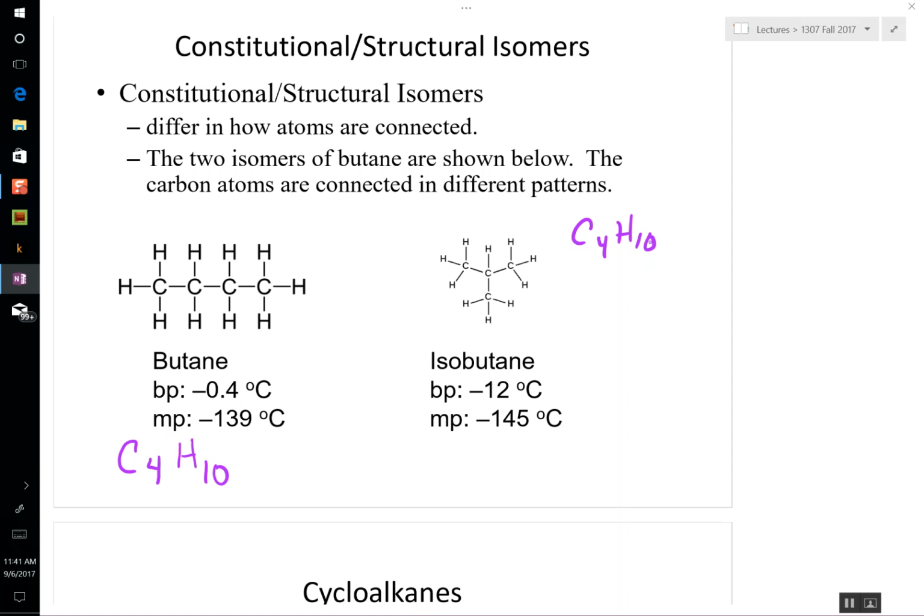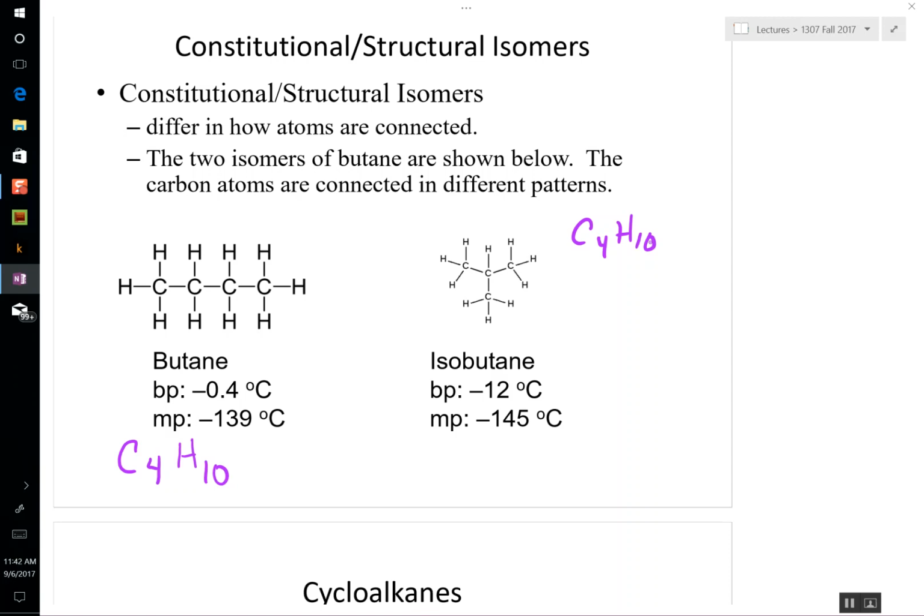All right. This is not its IUPAC name. That's not the IUPAC name of that molecule. Pretend you've not seen that name, and I said name that compound. What would you name it? What's the name of it? It's not butane, that's butane.